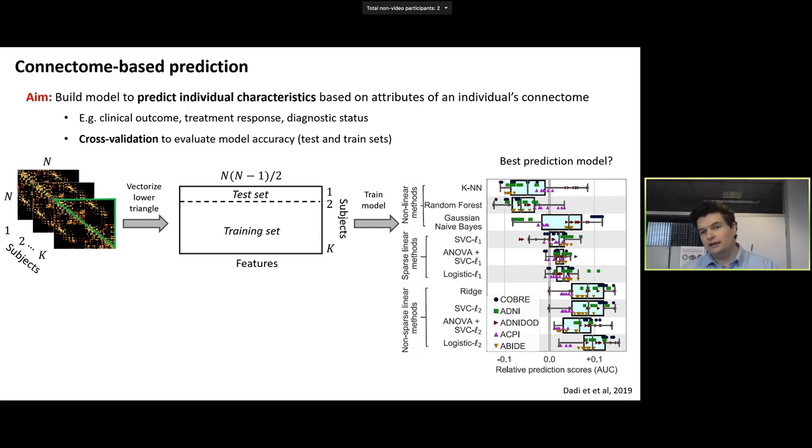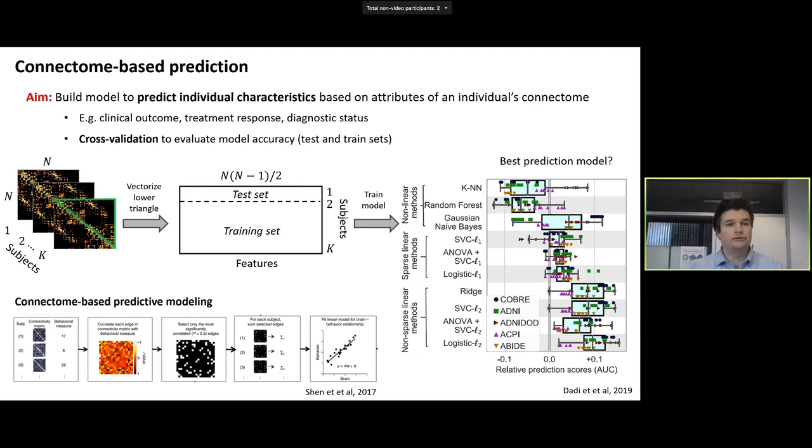And what we see here is that most linear methods perform quite well. Whether we're using support vector classification, ridge regression, or logistic regression, we get more or less the same performance as long as we impose L2 regularization when we're training the model.